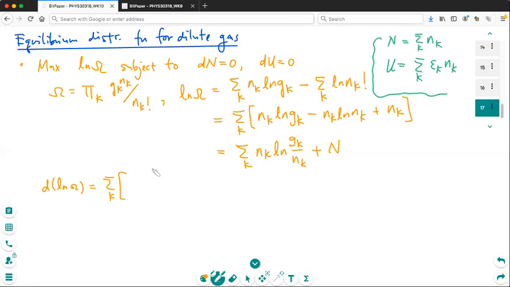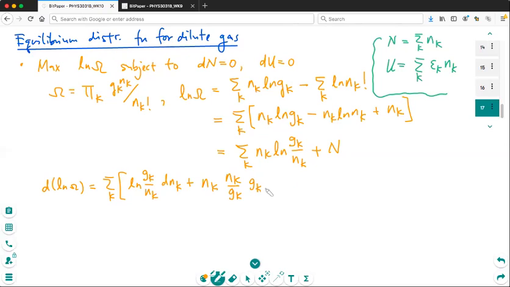You use a product rule, so you keep this, and there's a dnk. Plus, if you keep nk and you differentiate log, you get 1 over the argument, so you have nk divided by gk.